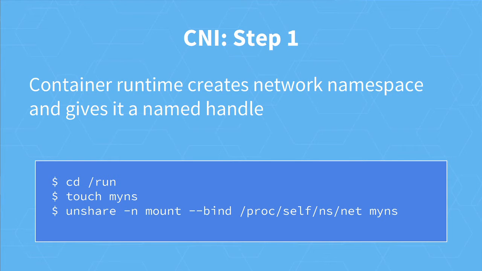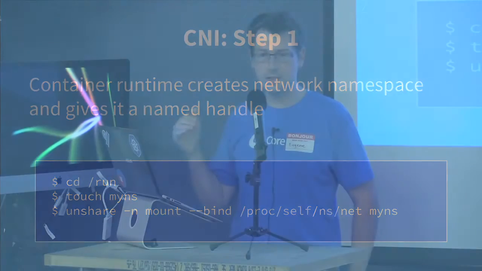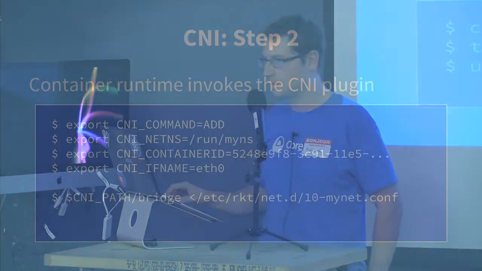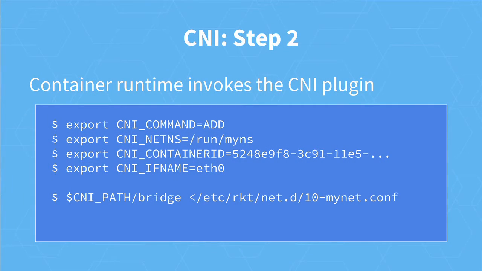OK, so now let's take a look at how this thing works from the perspective of Rocket. So a container runtime, such as Rocket, the first thing it does when it's bringing up the container is create a new network namespace, and it gives it a named handle in the form of a bind mount. So once it has a handle to the network namespace, it calls into the plugin.